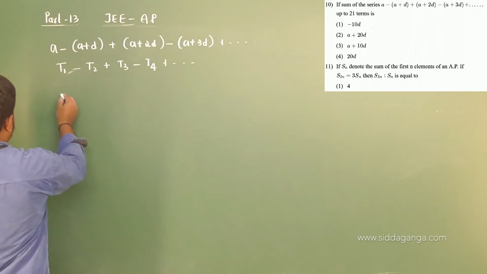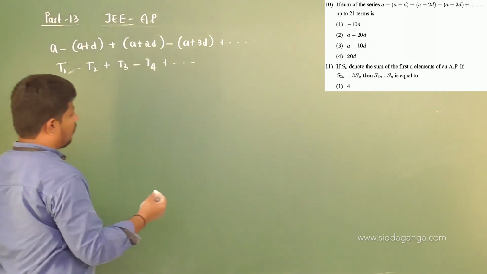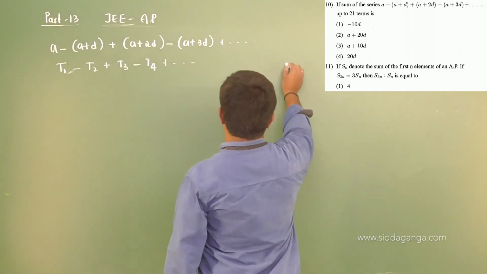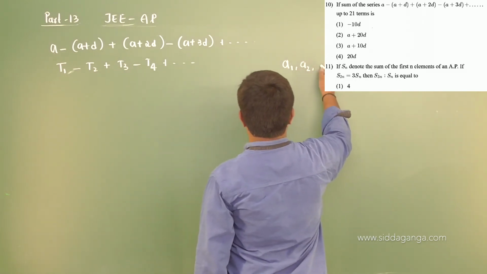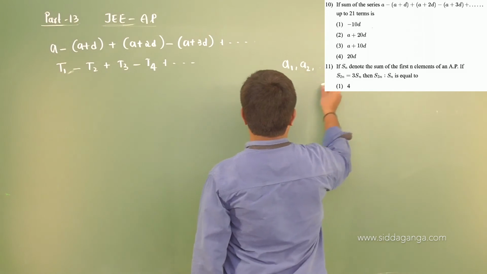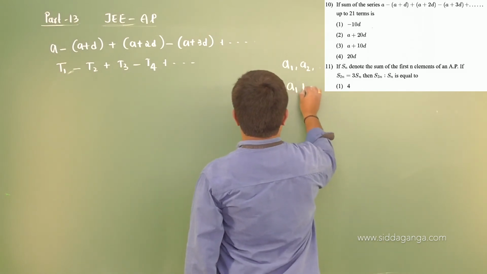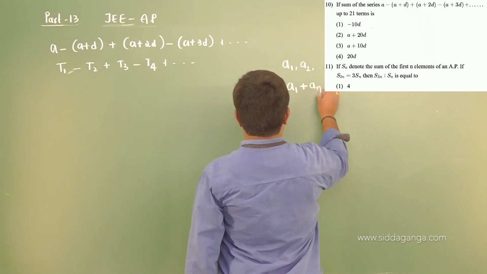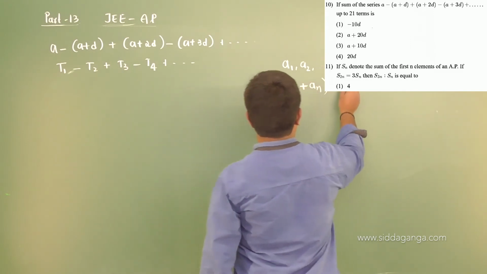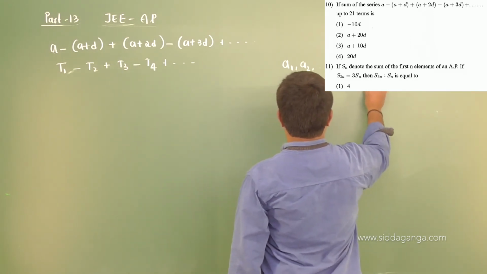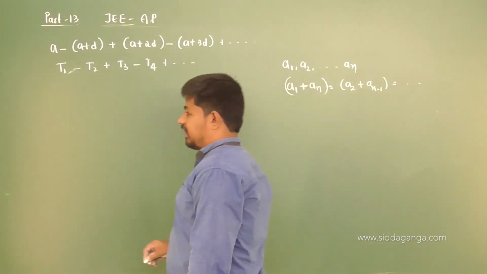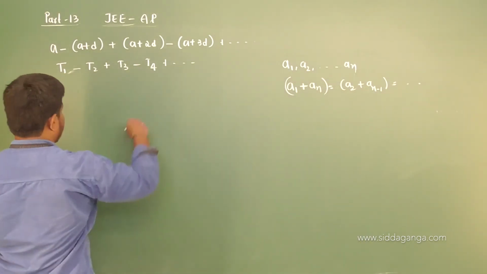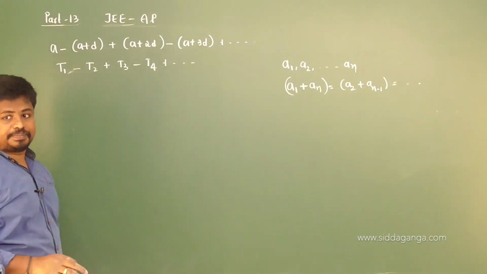Okay. So as I said before, when you have an AP sequence A1, A2 or T1, T2 and so on till Tn or An, it is true that A1 plus An is equal to A2 plus A(n-1), and is equal to A3 plus A(n-2) and so on. So here T21 will be the last term, right?